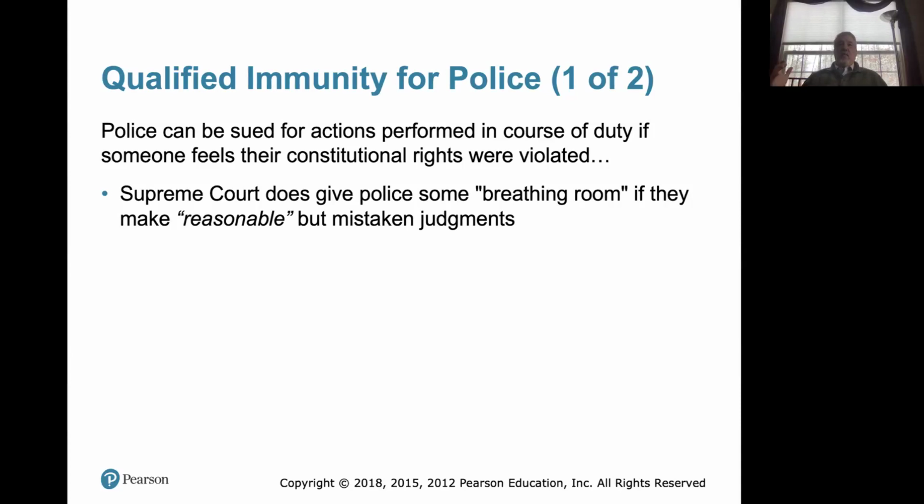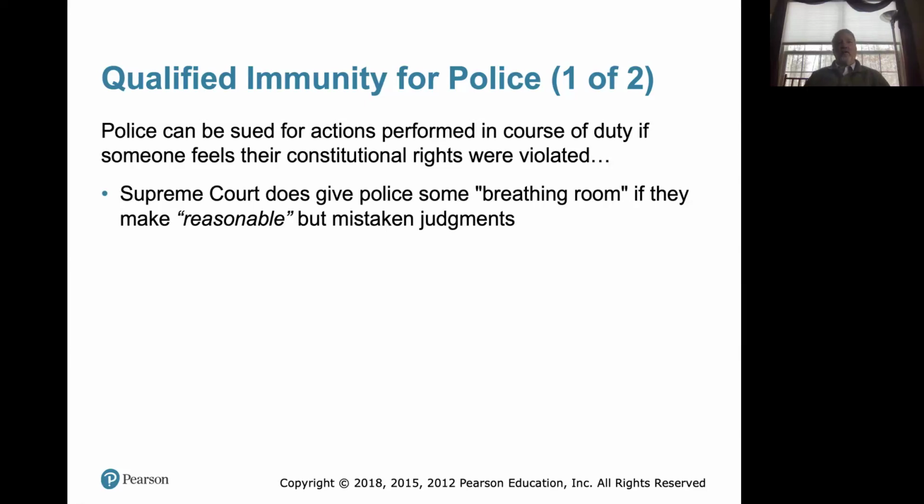As a result, we only require liability if they act grossly negligent rather than simple negligence. It's sort of the same kind of rule. The idea is that the Supreme Court wants to give police some breathing room if they make reasonable but mistaken judgments. And the situation goes something like this.